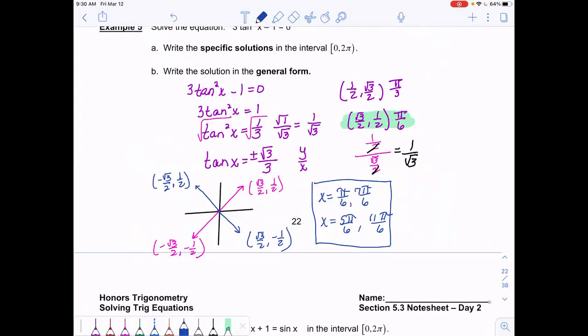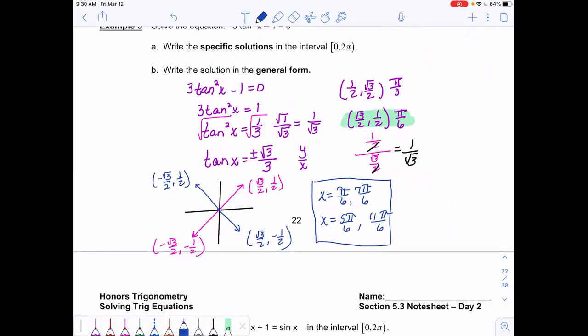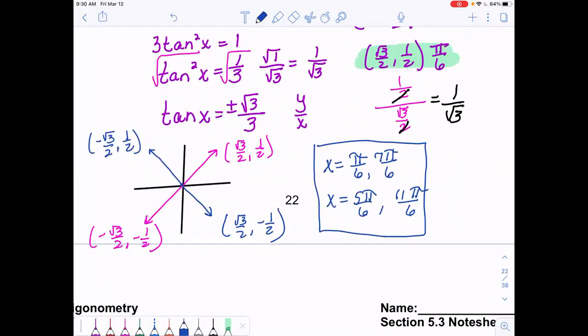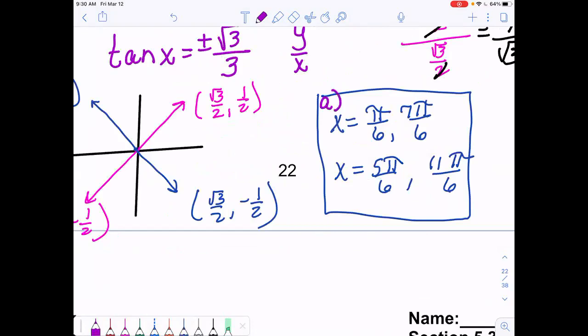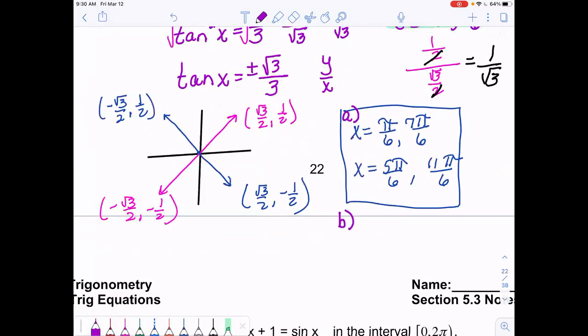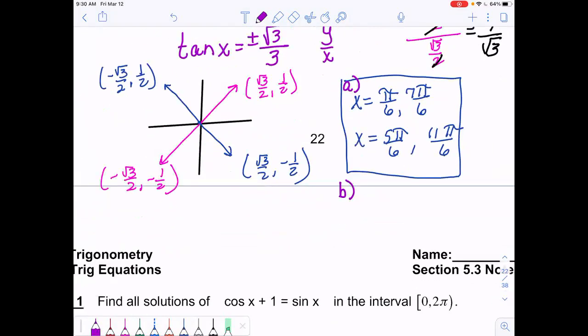The last part of this says, write the solution in general form. So this would be part A's answer. That's my specific solutions. Part B, we need to write it in general form, and this is tangent. So if you notice, my pi over 6 angle and my 7 pi over 6 angle are directly across from each other. They're diagonal from each other. So when I go to write it in general form, you don't need to add 2 pi.